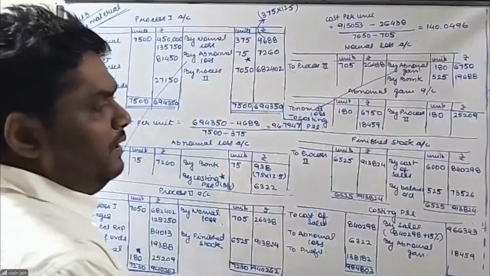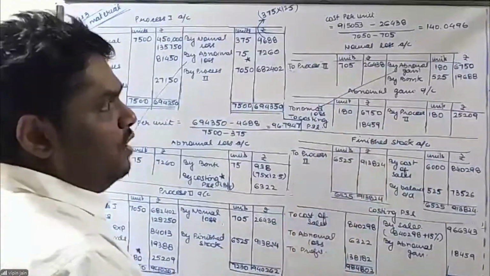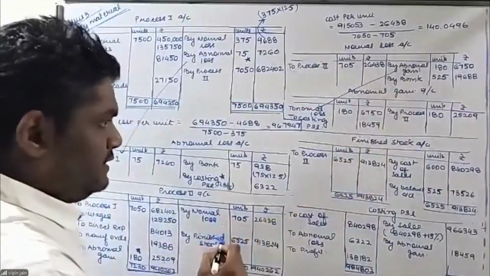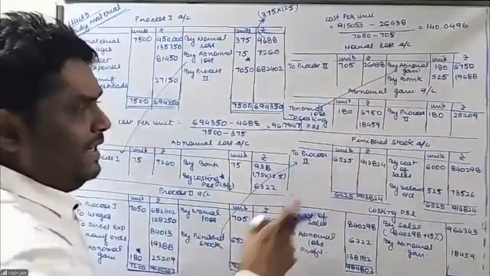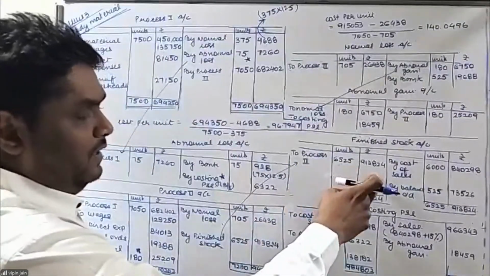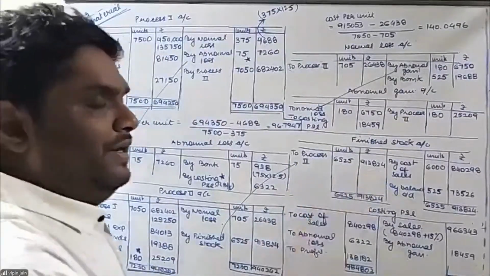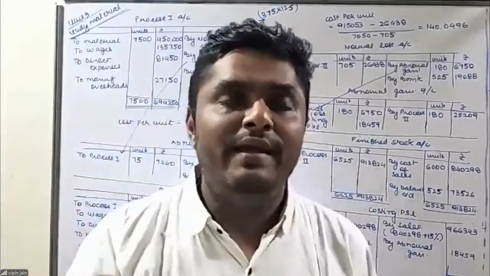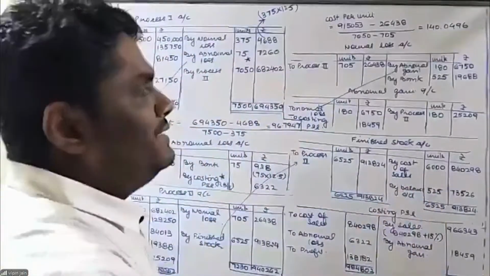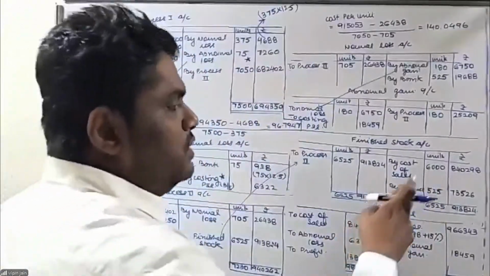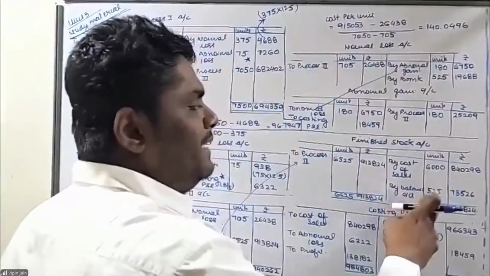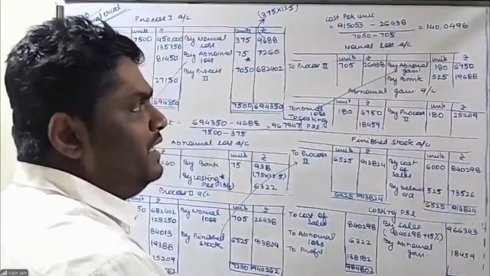So Ritika Gupta, in the finished stock account, this amount will be transferred from process second, that is 6525 and 913824. Now it is given in the question clearly that only 6,000 units are sold in the market. So balance 525 units are still in stock.